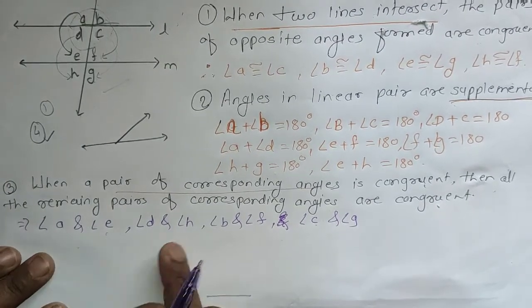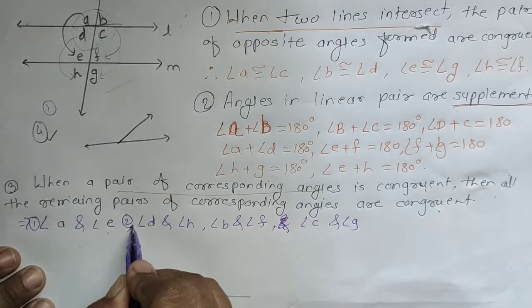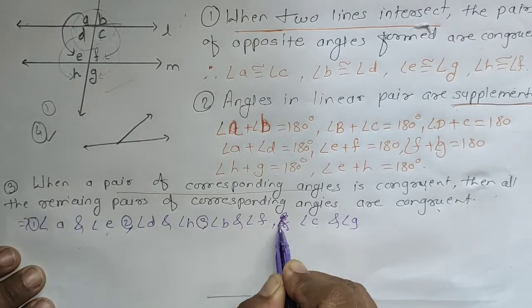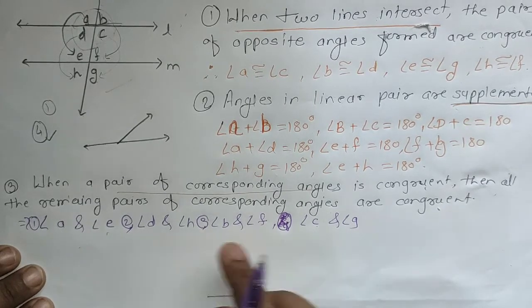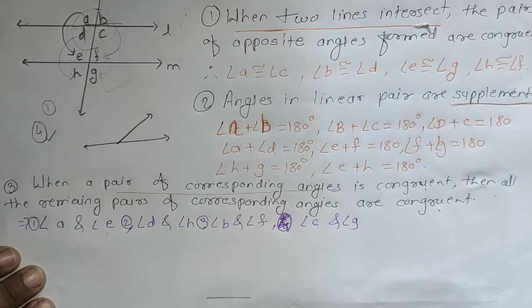From these four pairs, this is the first pair, second pair, third pair, and this is the fourth pair. Out of these four pairs, if any one is congruent, then the remaining are also congruent.